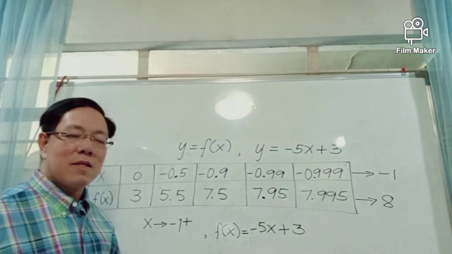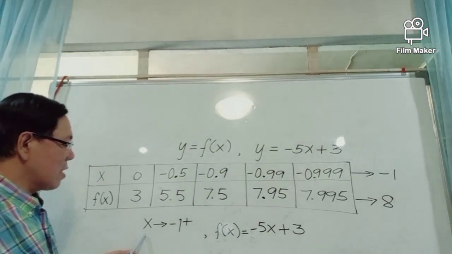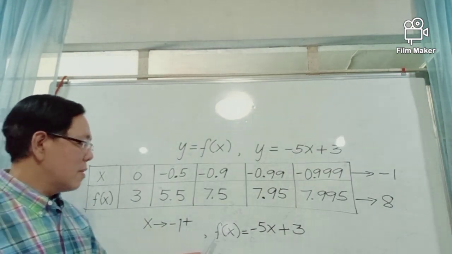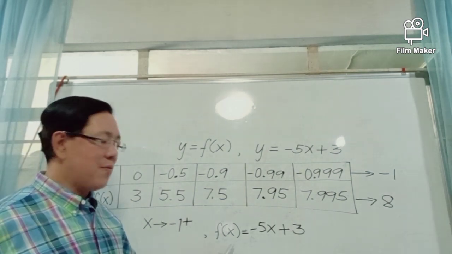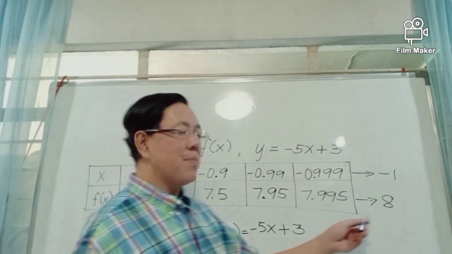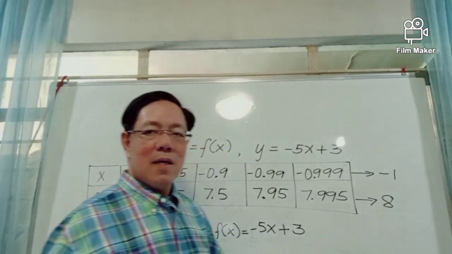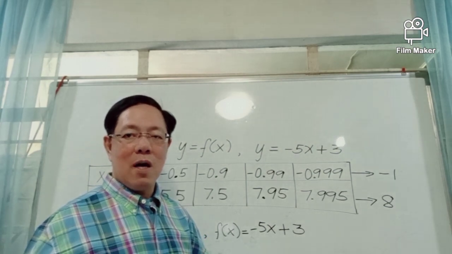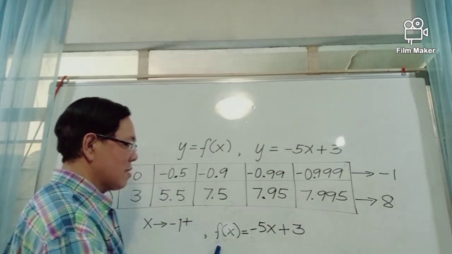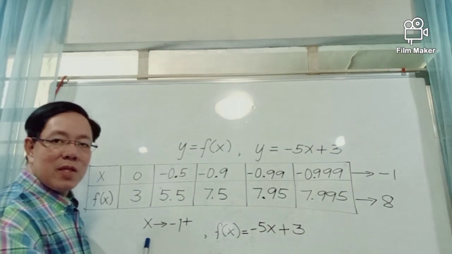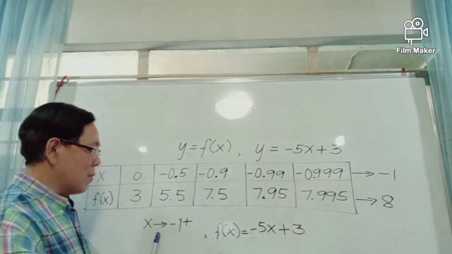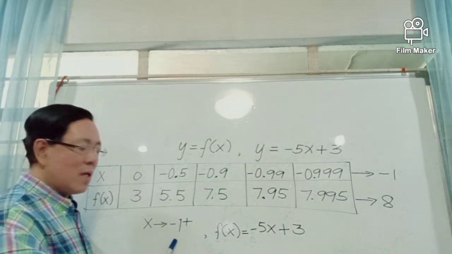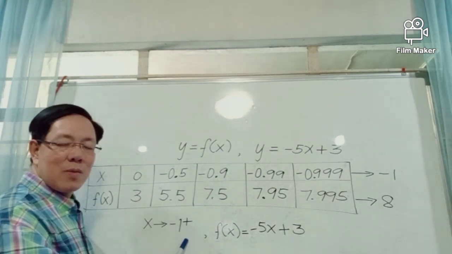Thus, we say that as the values of x approach negative 1 from the right, the values of the function f of x approach positive 8. The number positive 8 is called the limit of the function f of x if we limit the values of x to those numbers that are getting closer and closer to negative 1 from the right of negative 1.